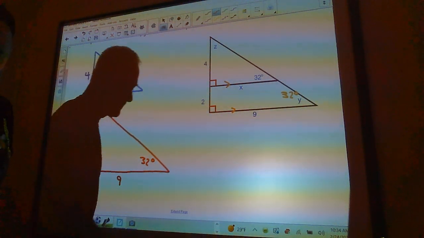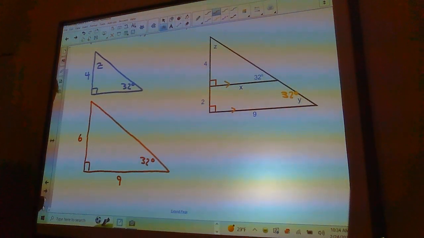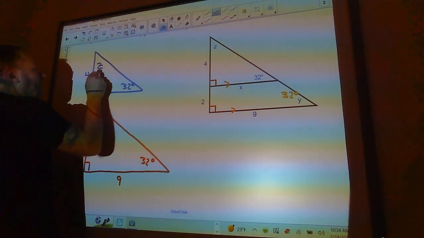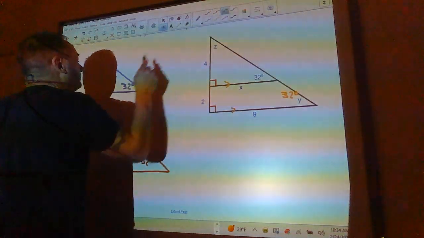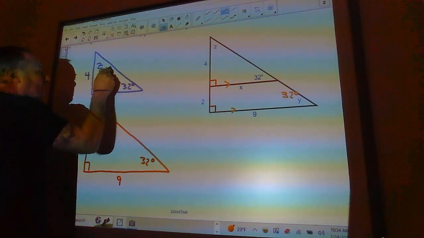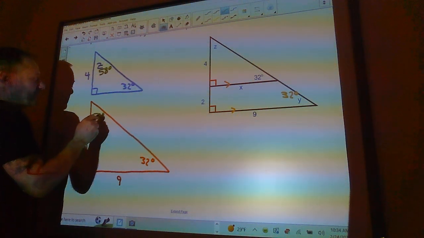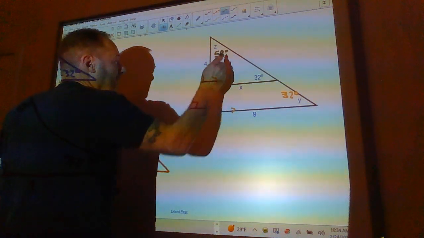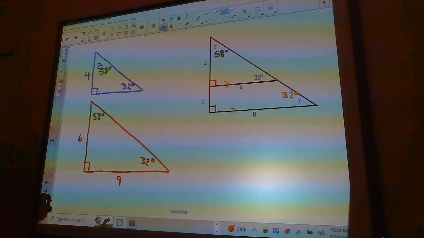I can easily figure out what the other angle is, because 180 minus 90 minus 32 is 58. So this is 58 degrees right here. That's the same angle, by the way, because they're both up here. So I found Z easy enough. I found Y easy enough.